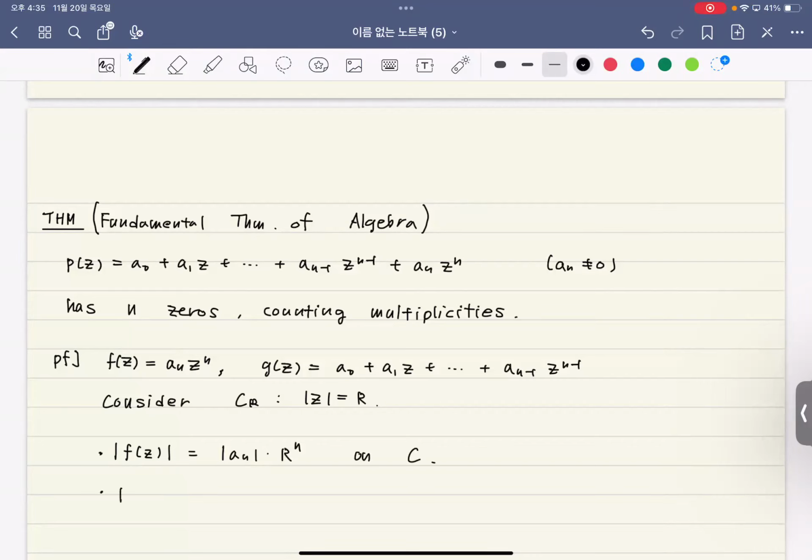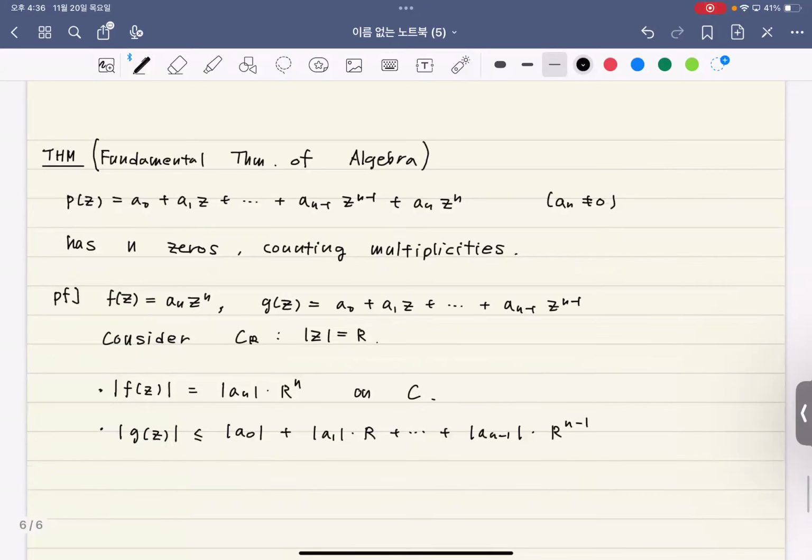And the modulus of g of z is actually bounded by this, right? Okay. Now we are assuming just one more condition. Since we are considering the case when the radius r is large enough, it is clear that r should be greater than 1. So it is safe to assume that r is greater than 1.